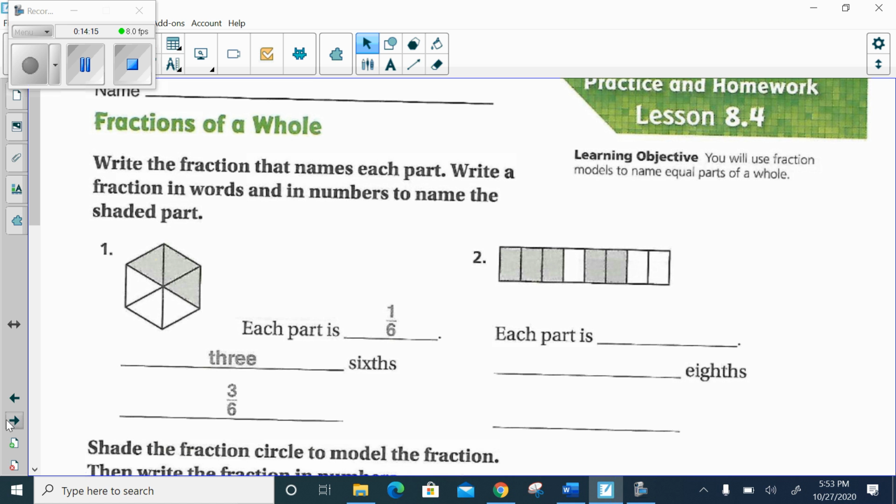You have to go into Canvas, you have to go into the Math module, and you have to go into Think Central. Remember, you can't go into Mrs. Keith's page. Go into the Math module and Think Central and do Lesson 8.4. Remember to turn it in. Okay, thanks, hon.